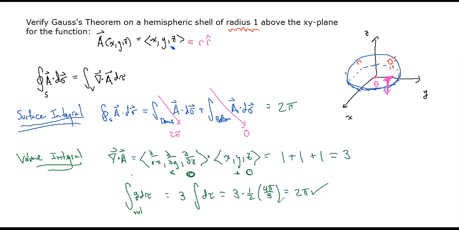The goal is to look at an actual physical thing, and your job is to choose the coordinate system that best describes it, and then express the integral in terms of that coordinate system. So we got 2 pi for the surface integral, the flux through the surface, and then we got 2 pi for the stuff contained within it.